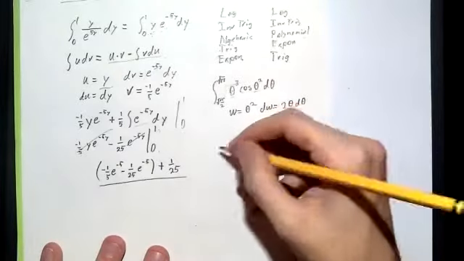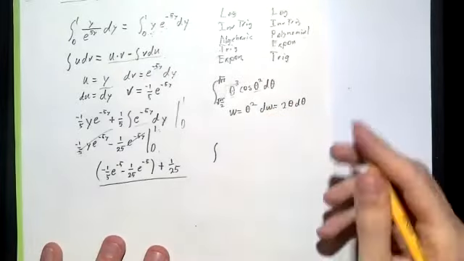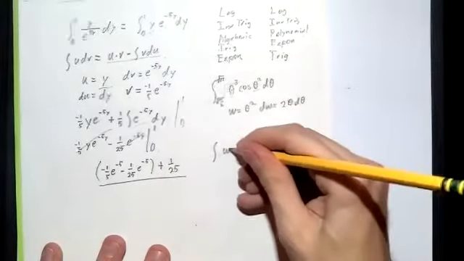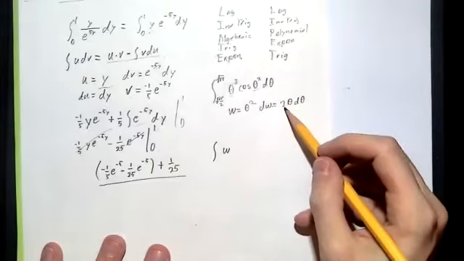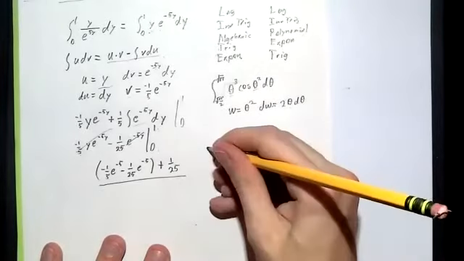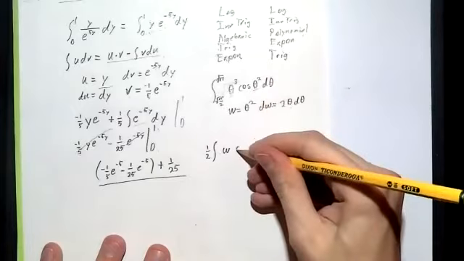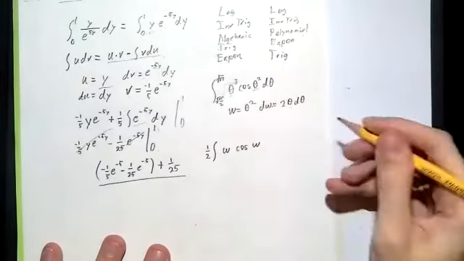I'm going to stop writing the bounds for a little bit, and we get w, and then because it's 2 theta, we have to multiply by 1/2. And then we have cosine w.